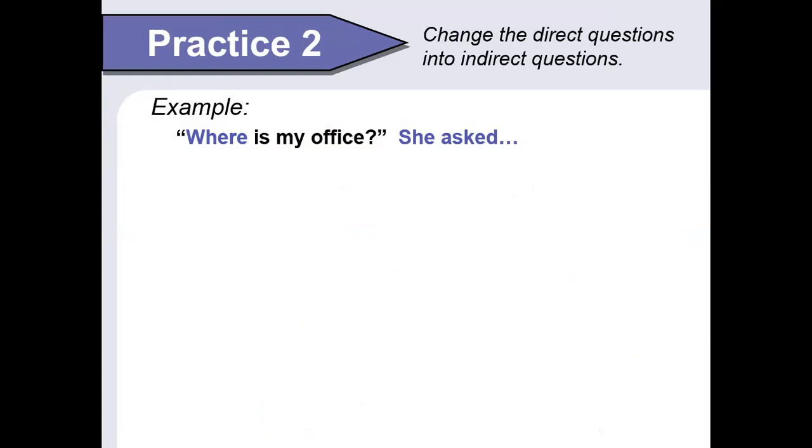Now we have to change these questions into an indirect question. Where is my office, for example? She asked if she had an office.